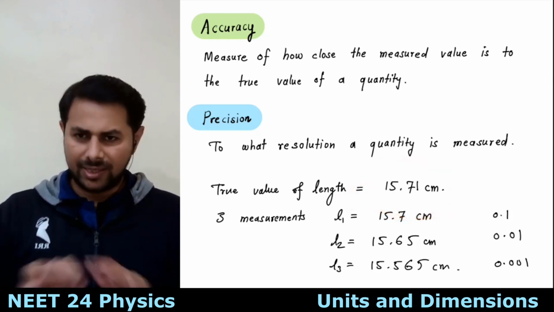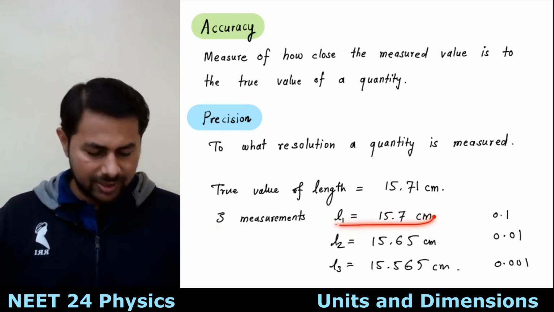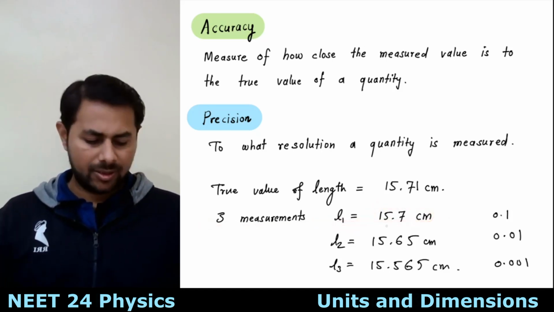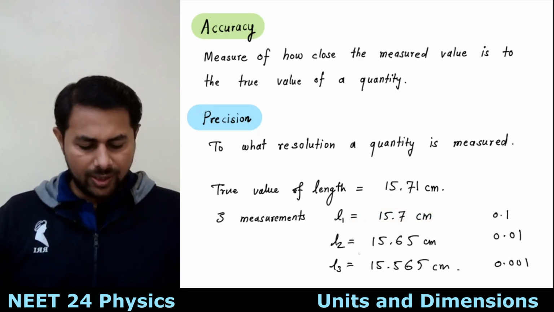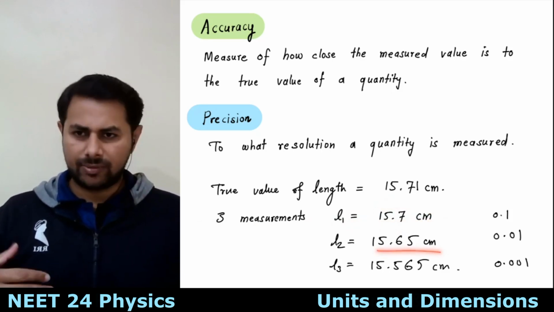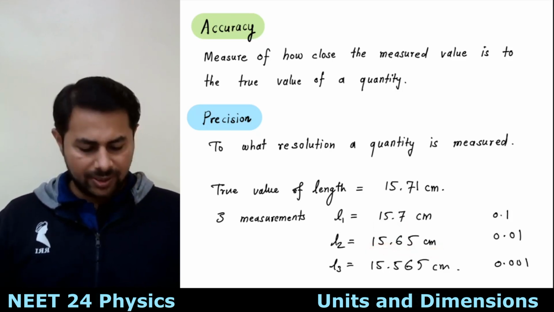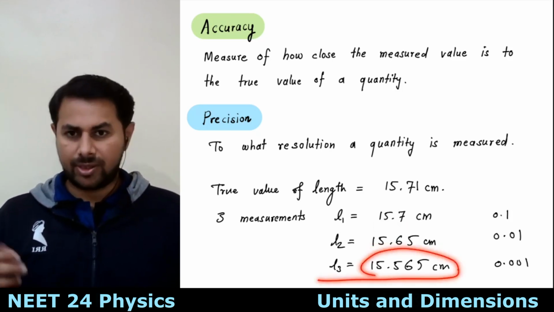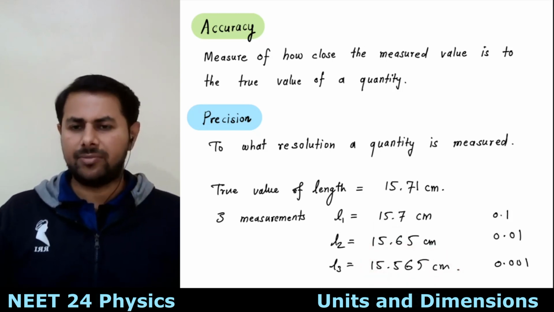That is the true value. Now you take three different measurements. Somebody measures it with some instrument and says it's 15.7 centimeters. Then somebody measures using some other instrument, and says no, it's 15.65 centimeters, and somebody measures with another instrument, and says no, it's 15.565 centimeters.